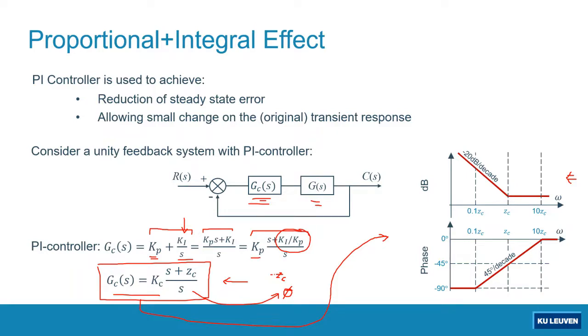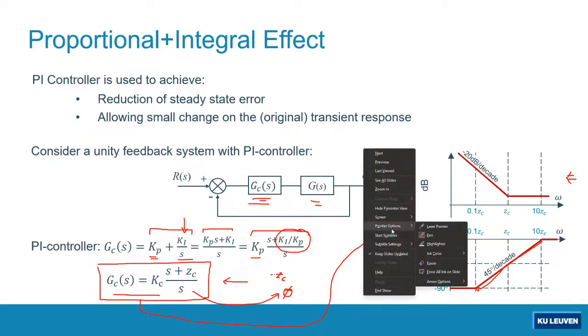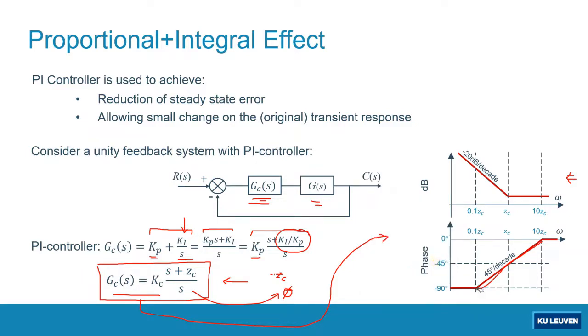Okay, and what happens in between, you just simply have to connect these 2 points, and then at the end you will have a line of 45 degrees per decade. You know how to sketch this Bode diagram from our previous video when we discussed Bode diagram sketching.